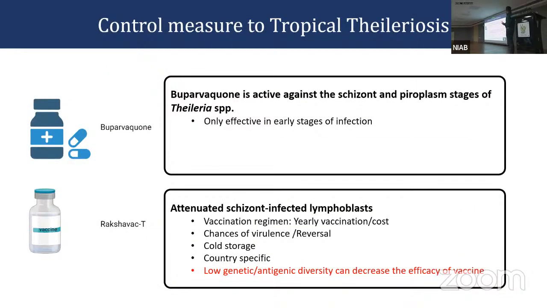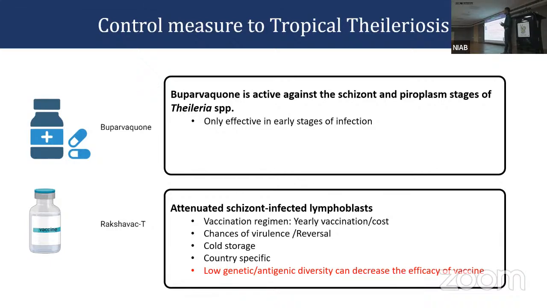So if we talk about the control measures for this parasite, there are two methods. A drug is available, buparvaquone, and then the Rakshavaxin vaccine. This drug is only effective in the early stage of the disease. And the vaccine is a live attenuated vaccine, and it has to be given yearly. Because it's a live vaccine, there is a chance of reversal.